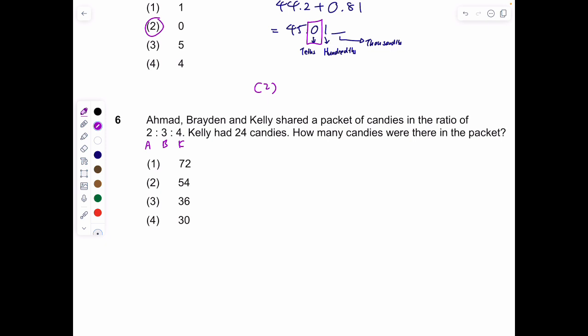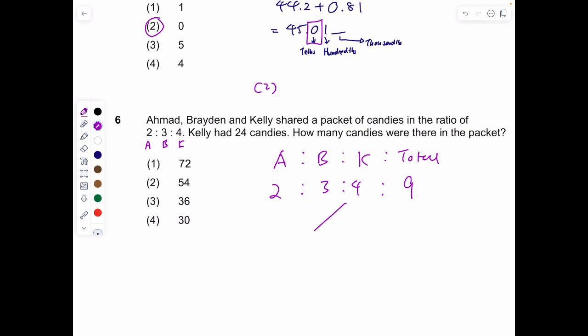So in this case, I know that A is to B is to K, 2 is to 3 is to 4. Now the total number of units is actually 9 over here.